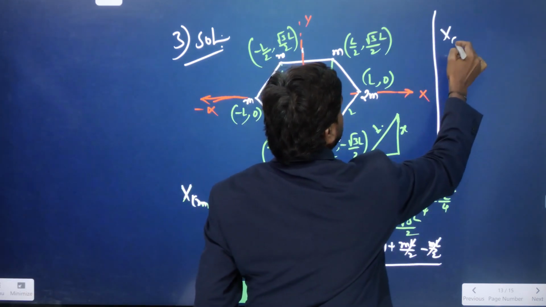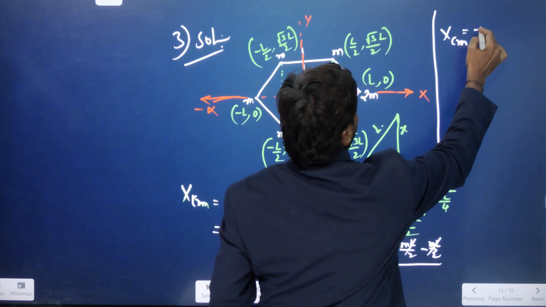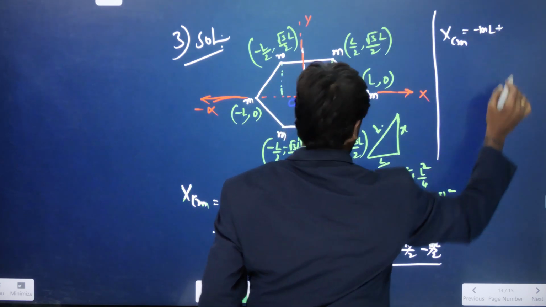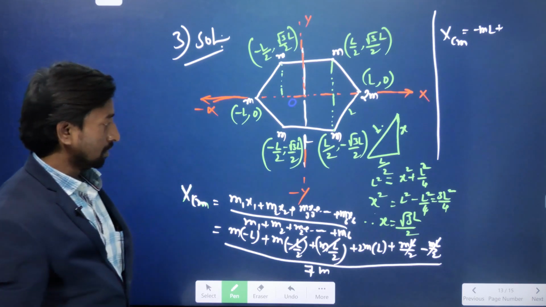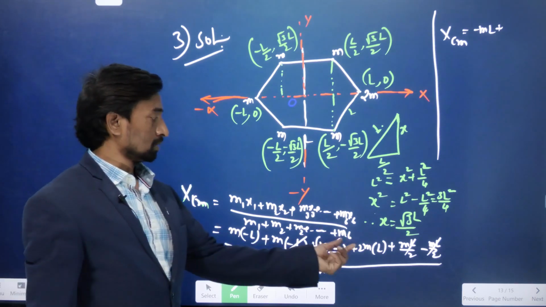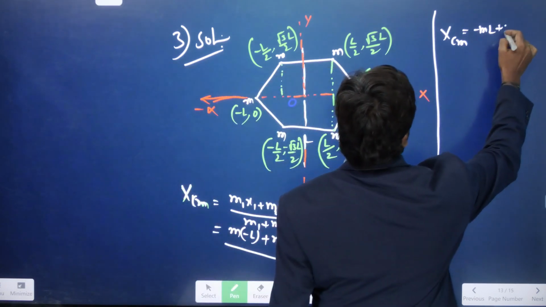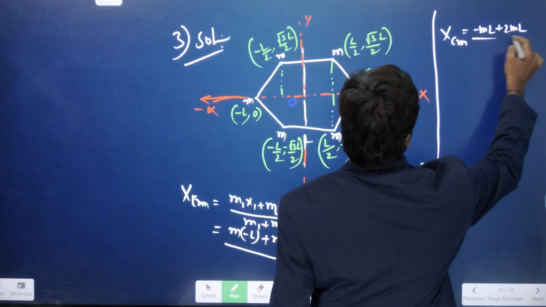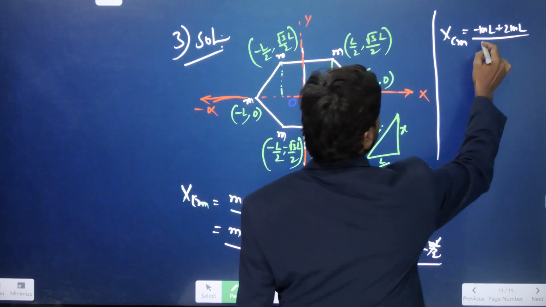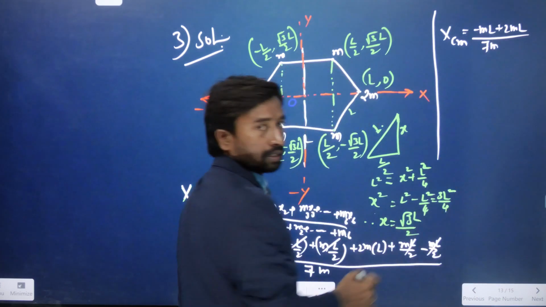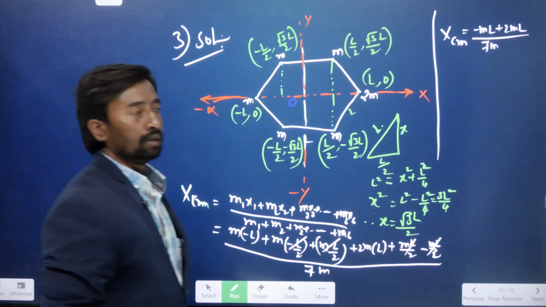So I am writing here xcm is equal to, we got here minus ml plus, in the numerator only the terms minus ml plus 2ml remained there. So minus ml, 2ml, how much would become there? Divided by total mass of the particles there. Okay.